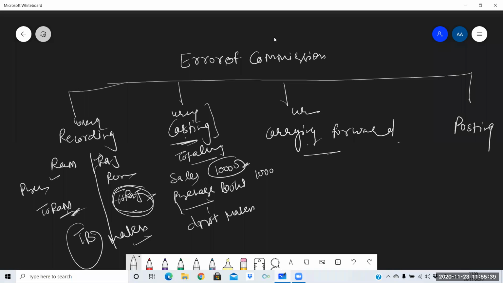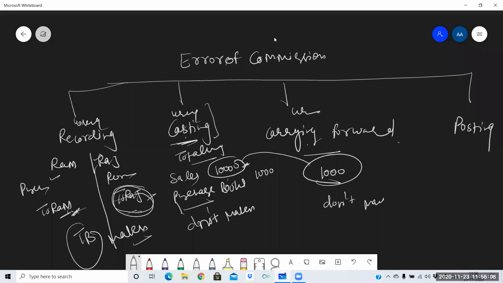And carrying forward means on the one page we have done the totaling correct, 10,000 was there, but in the next month when we were preparing the next page, this total was carried forward as 1,000. So the mistake is the same. Here the mistake was in totaling, wrong totaling, and here the mistake is wrong carrying forward. So it will also affect the trial balance. Trial balance will not match.